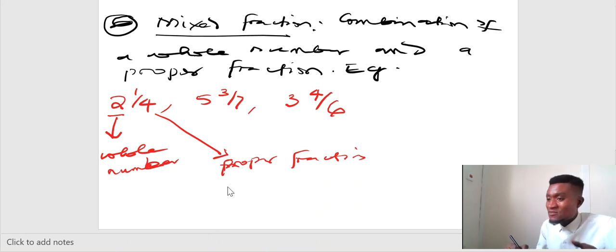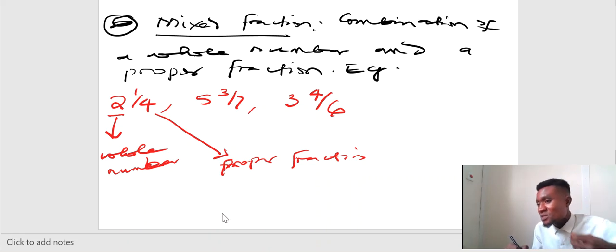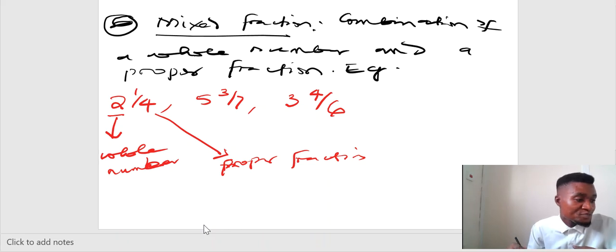Recall that your proper fraction entails that the numerator has to be less than the denominator. That is what exactly gives your proper fraction. But in the case of an improper fraction, we said that the numerator has to be greater than the denominator. So now, when you combine a whole number with a proper fraction, you are supposed to have a mixed fraction.